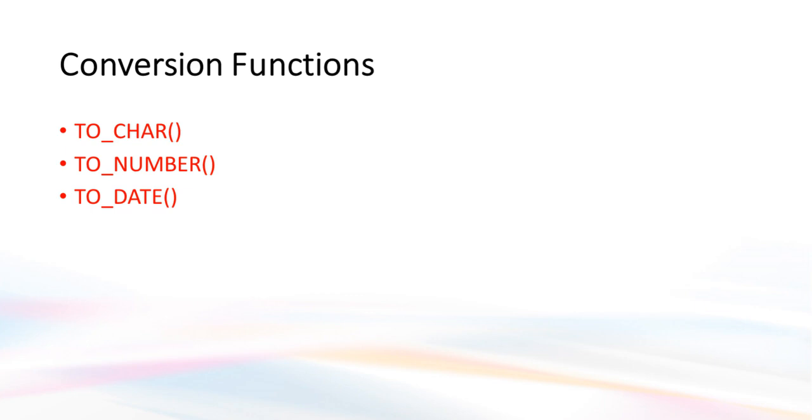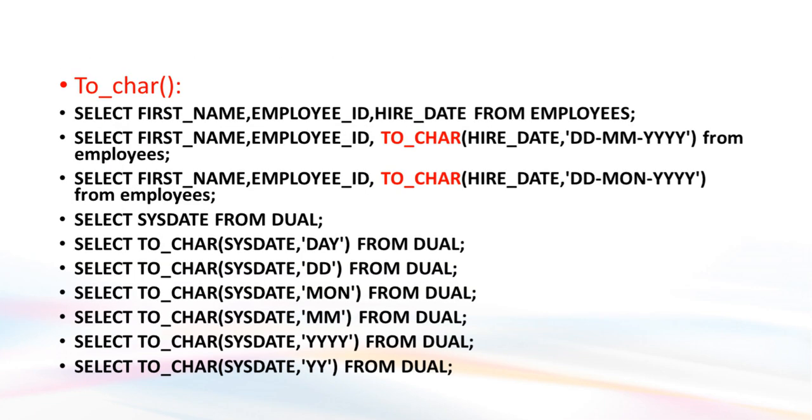Basically this function is used to change the format of the date. For example, let us say select first_name, employee_id, to_char of hire_date. Hire date is a column in the employee table. I want to get this hire date in the format dd mm yy. So this is the format I want to get, so I need to give the to_char method.